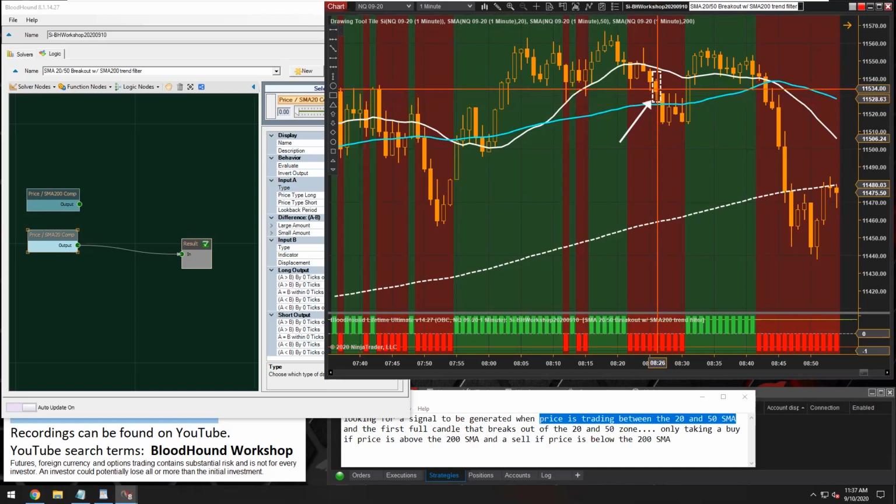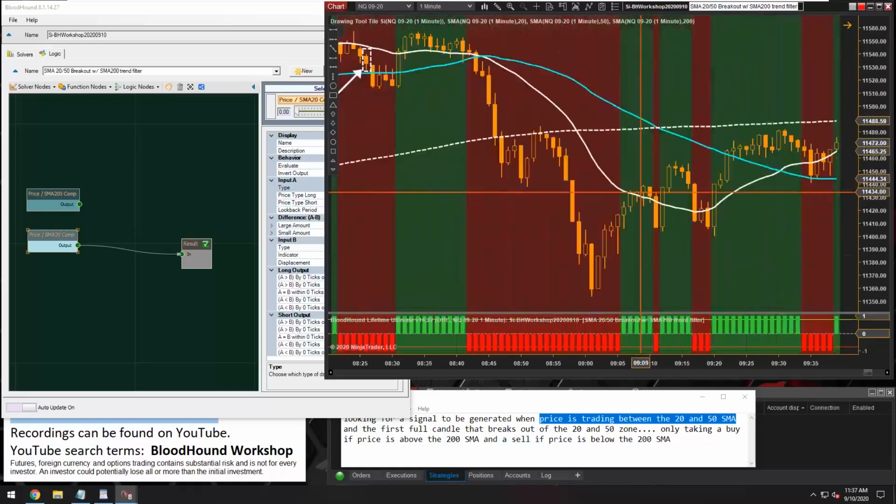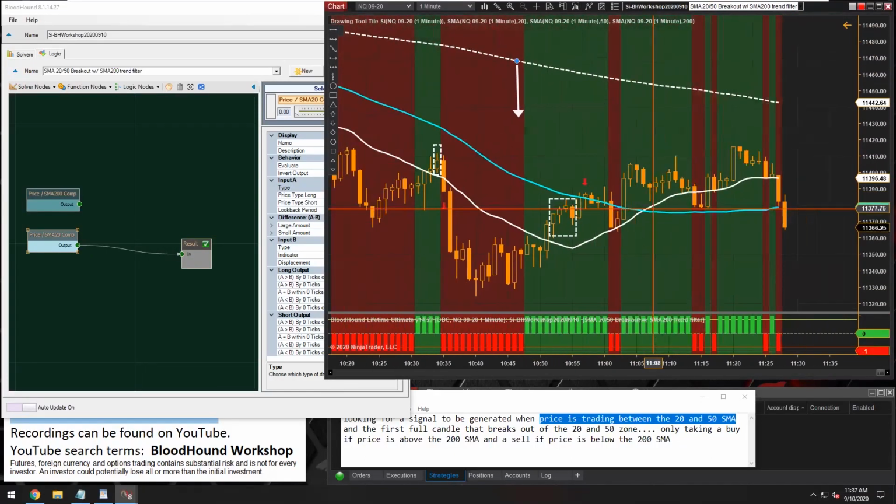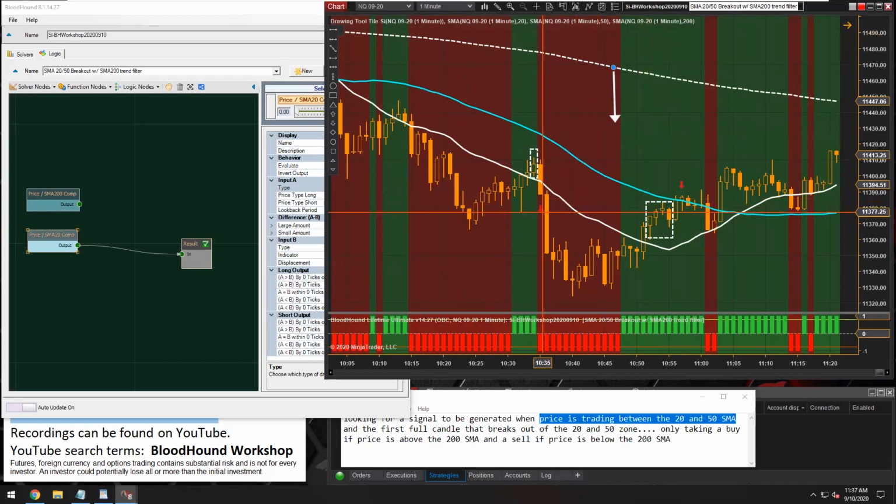So we want an output of both long and short at the same time. This non-directional condition needs to have a long and a short output at the same time whenever a bar is in between the two moving averages.